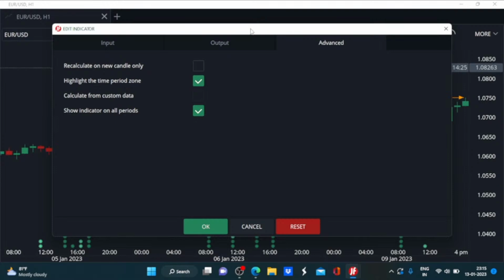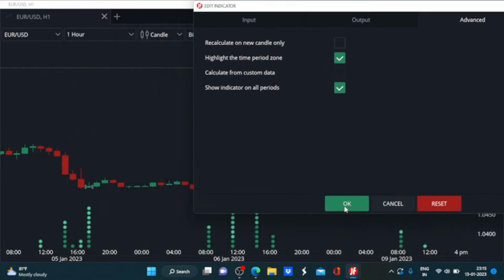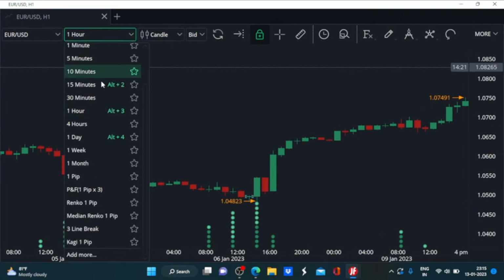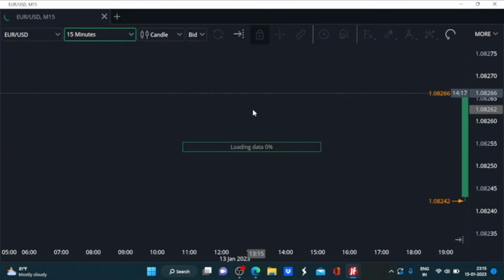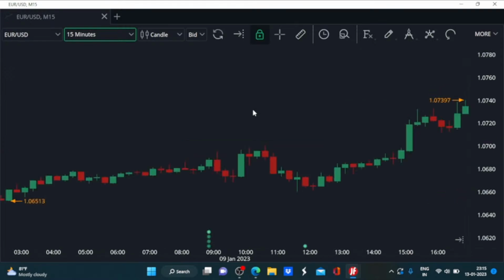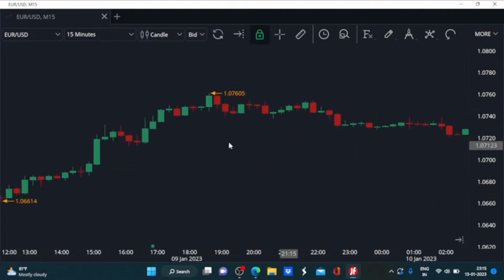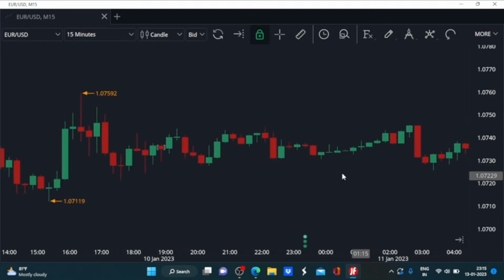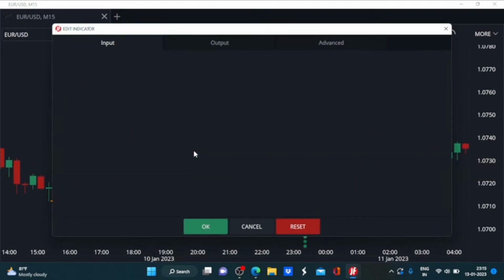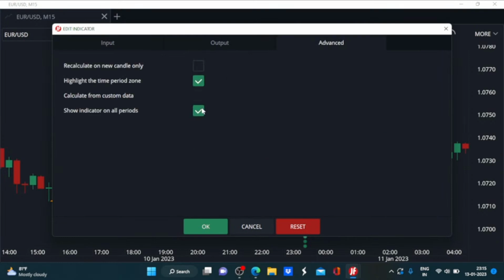Suppose if you want this indicator to be available on all the candle periods, whenever you change the chart, you can have it. Or suppose if you are using different indicators on different time frames, then if you don't really want this particular pattern to be recognized on the chart, then you can go for the change of settings and you can opt in for a particular candle period.